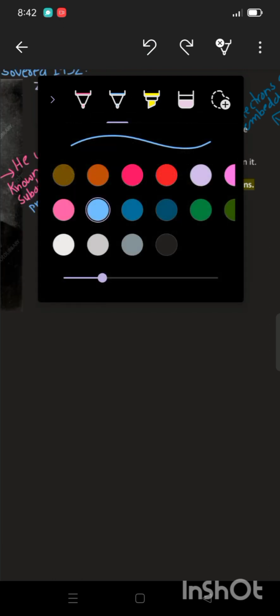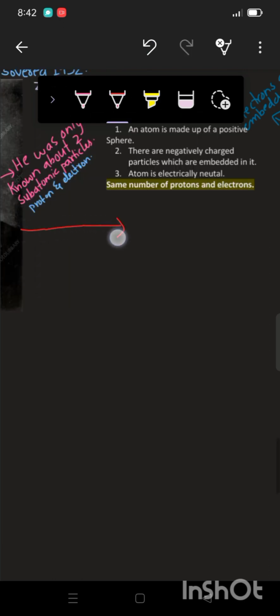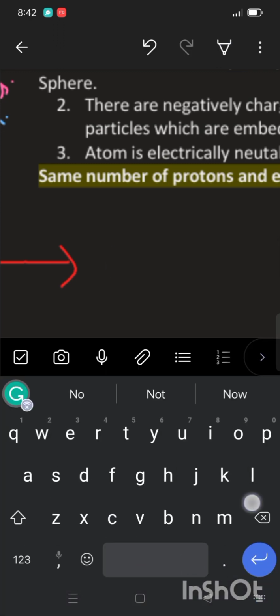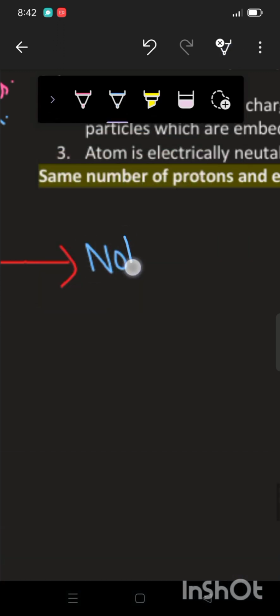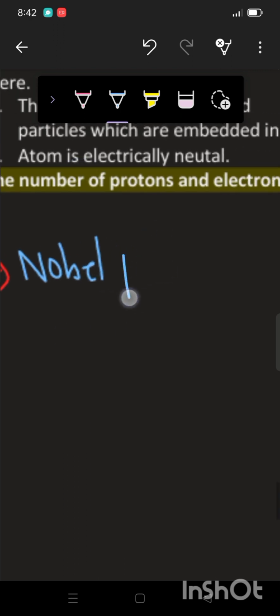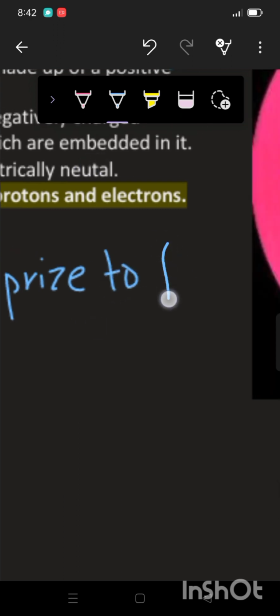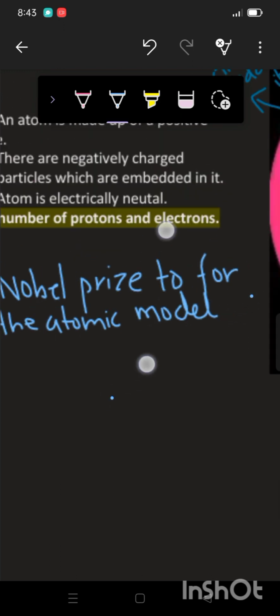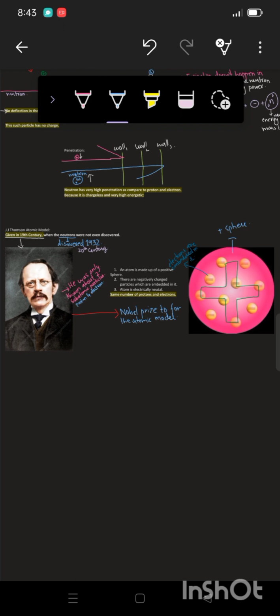Let me write this here: he got the Nobel Prize too for the atomic model. And he compared this atomic model with two big things.